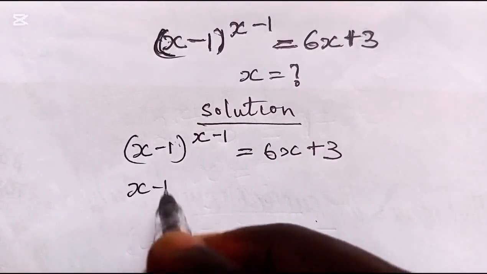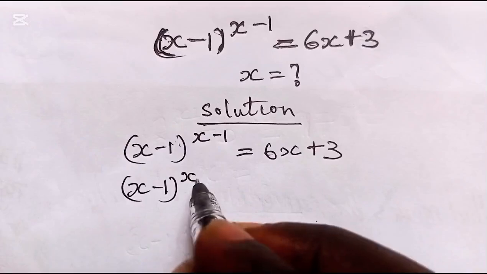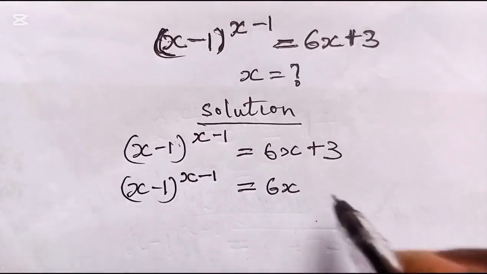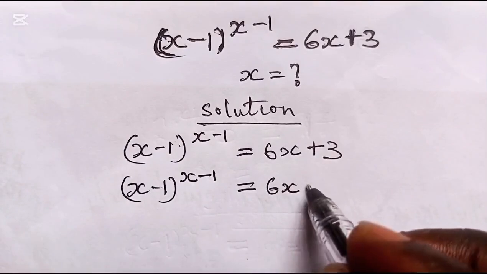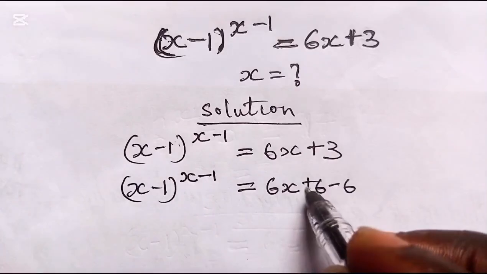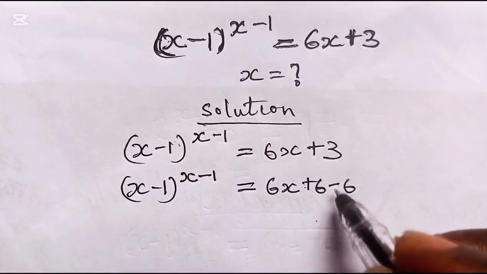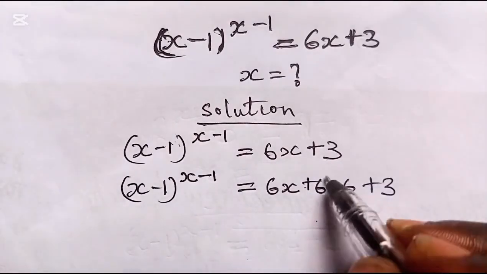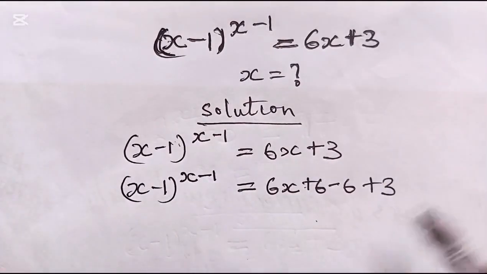We have (x − 1)^(x − 1) equal to 6x plus 3. So let's do some manipulation here. Plus 6 minus 6 still gives us plus 3. It still gives us 6x plus 3, because this and this will still cancel themselves.